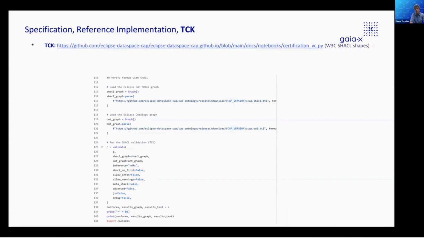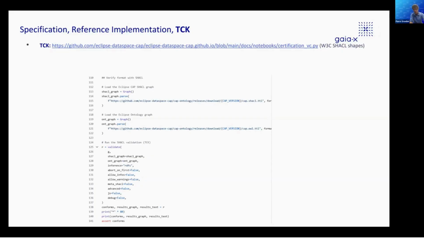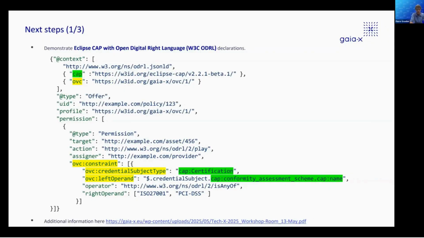There are already different types of SHACL shapes engine, so there is potentially different types of TCK for the context of that implementation. We will use Python and yes, use the SHACL validation TCK, validation of the proprietary SHACL shapes. And that's almost the end of the presentation.